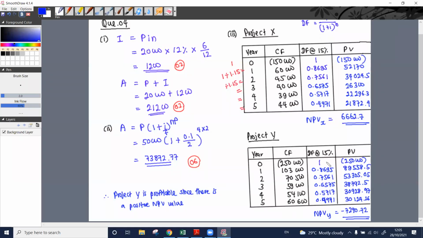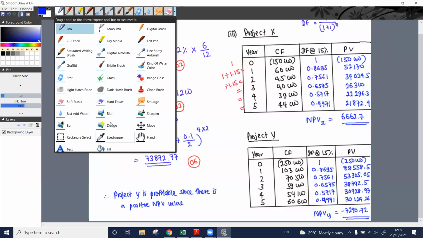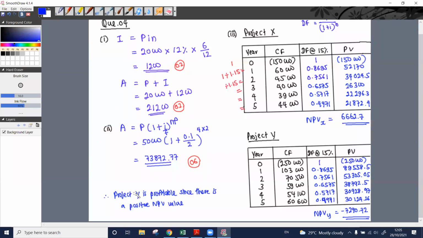Not project Y, project X is profitable because there is a positive NPV value. Project X is profitable since there is a positive NPV value. In project Y, it is a negative one. So it is not worthwhile to undertake project Y.